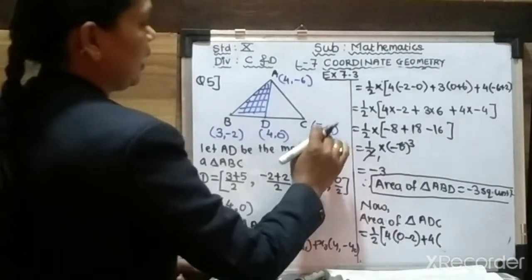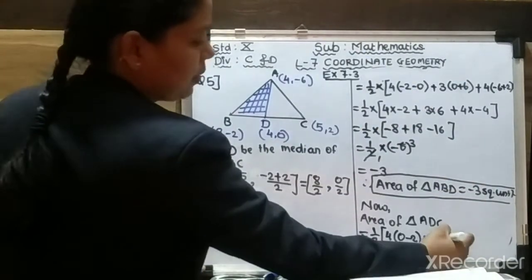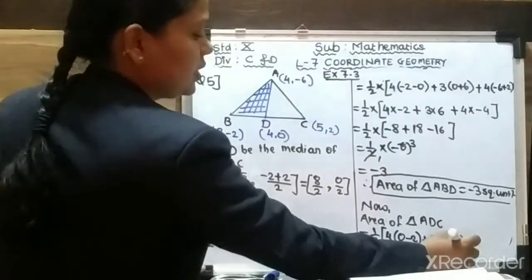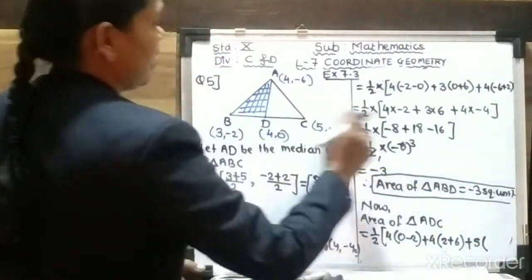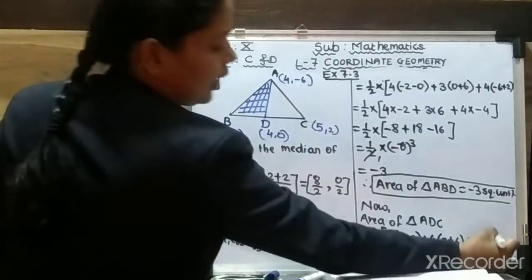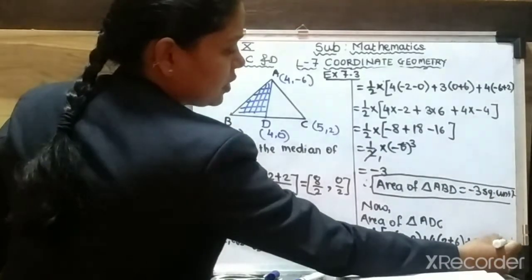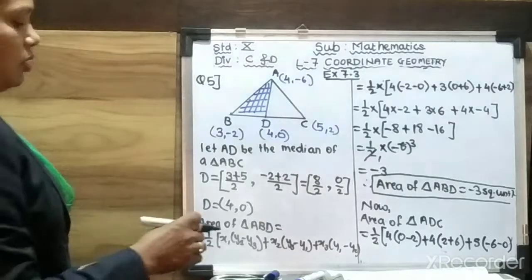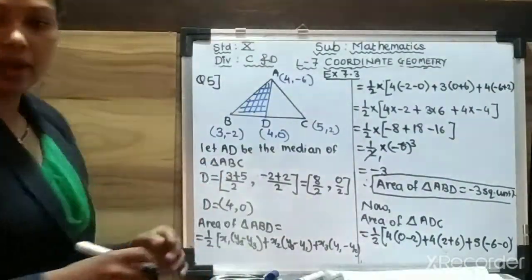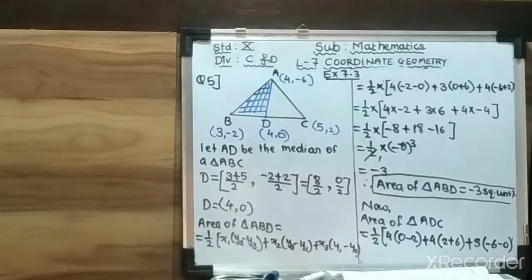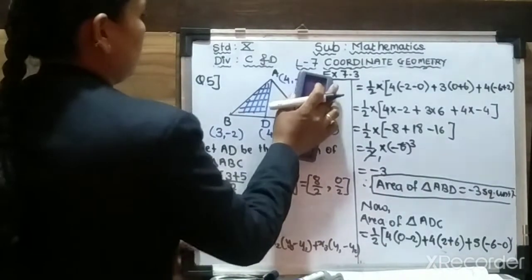So, inside the bracket 2 minus plus 6, plus 5 inside the bracket minus 6 minus 0. Just take those coordinates carefully. Now, let us do the addition and subtraction of it.